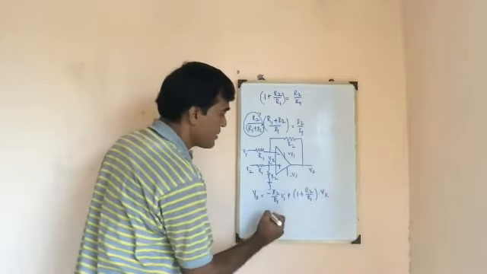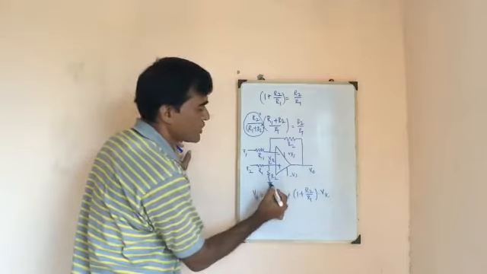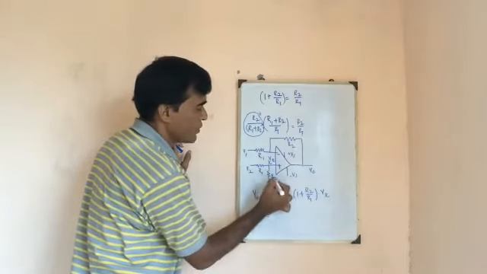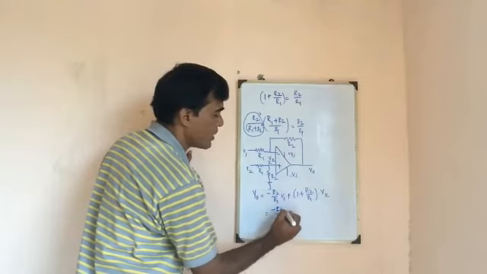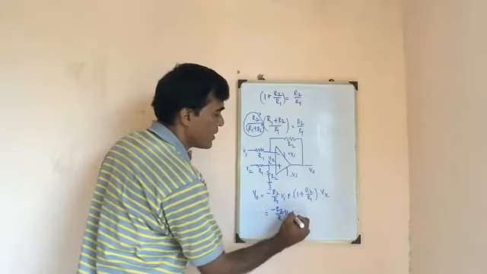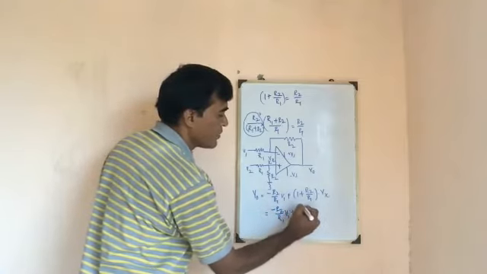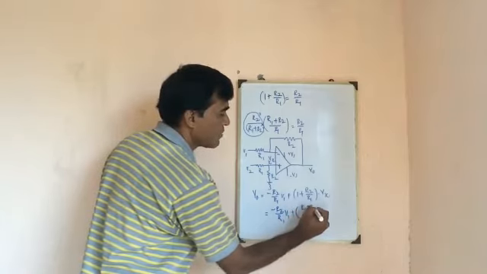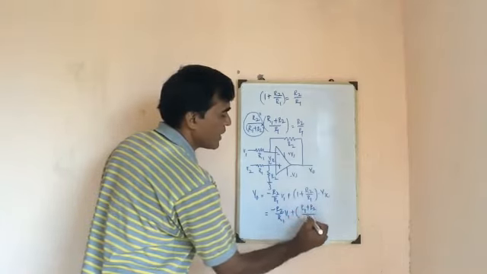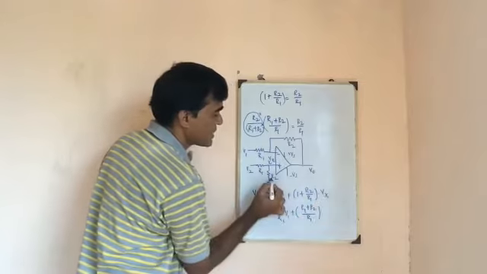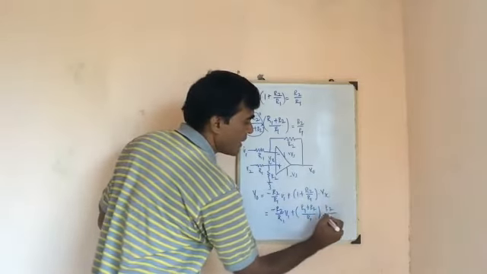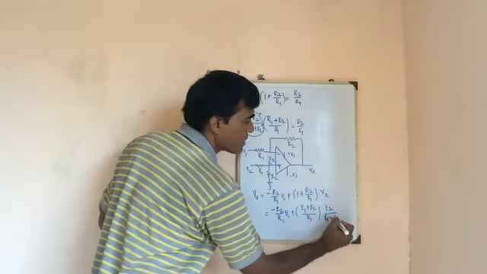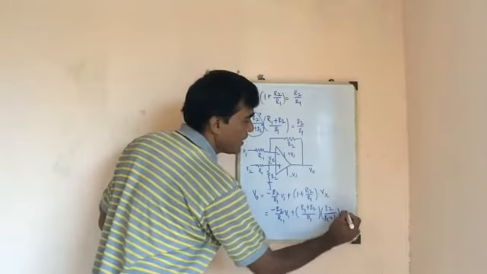Now what is Vx here? Vx is nothing but the voltage across R2 in the voltage divider circuit. Hence I can write minus R2 by R1 into V1 plus R1 plus R2 divided by R1 multiplied by Vx, where Vx is R2 divided by R1 plus R2 multiplied by V2.